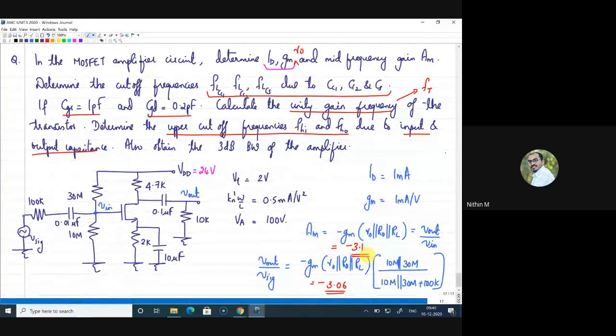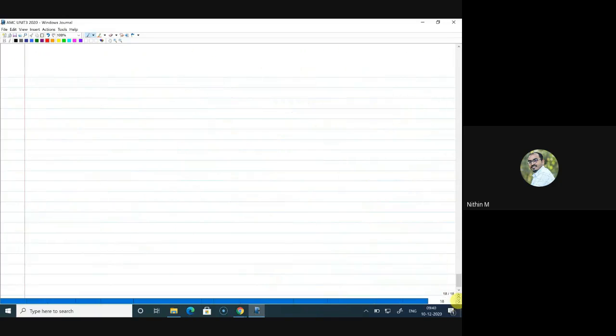All right. Now the next thing is you have to evaluate the cutoff frequencies. There are two sets of cutoff frequencies, one for low frequency and another for high frequency. So what I'll do first is I'll draw the equivalent circuit, or I'll just draw the low frequency response. So when I say low frequency response, I will not consider the structural or the parasitic capacitance of the circuit.